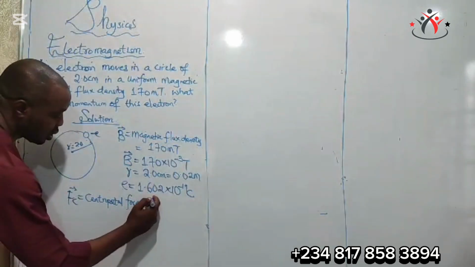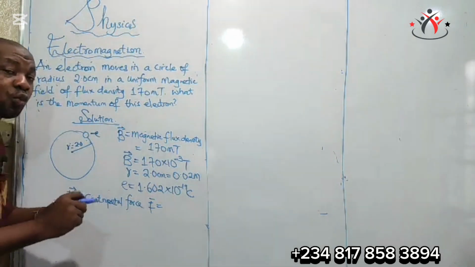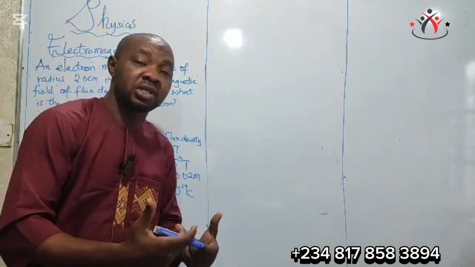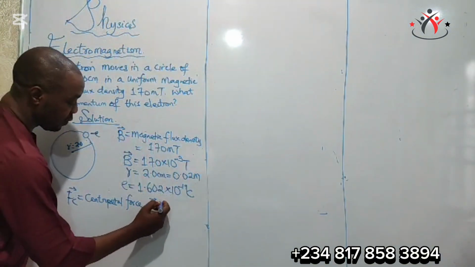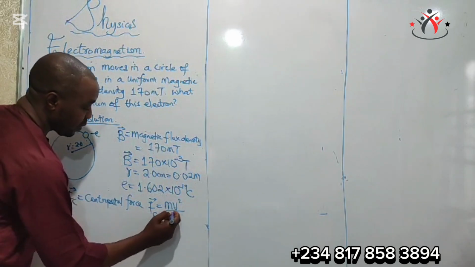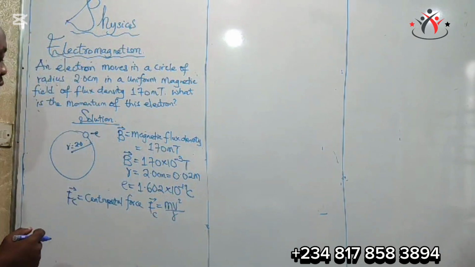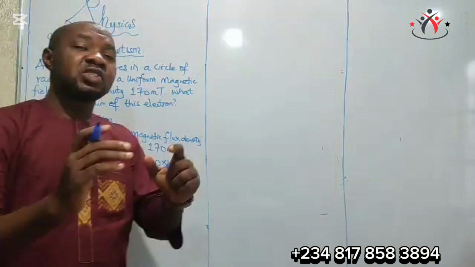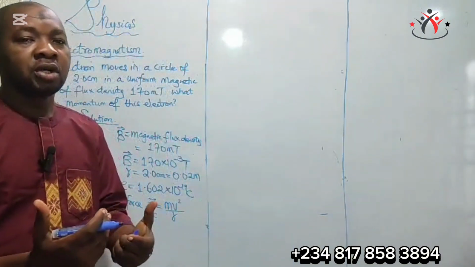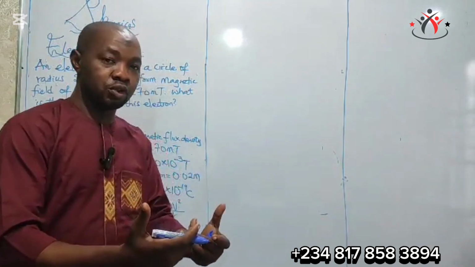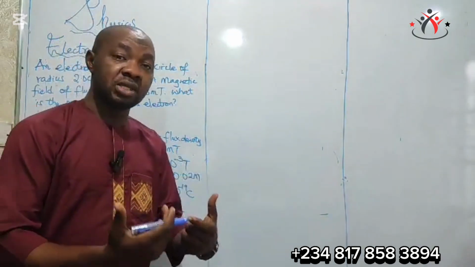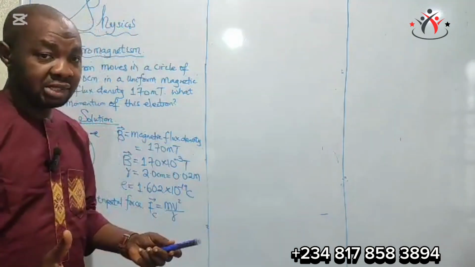What is centripetal force? Centripetal force is that inward force that will always keep an object or a body moving in a reference circle. So we have centripetal force to be mv squared over what? r. Then also, because the electron is in motion, the force that keeps the electron in motion is what we call the magnetic force.